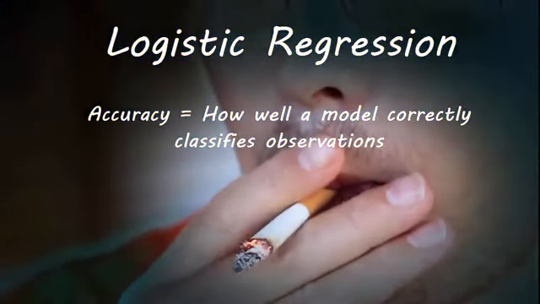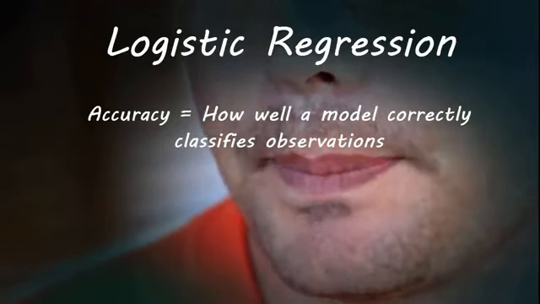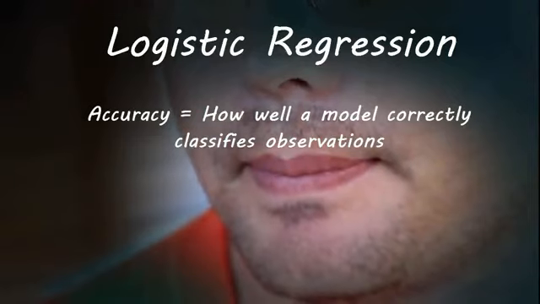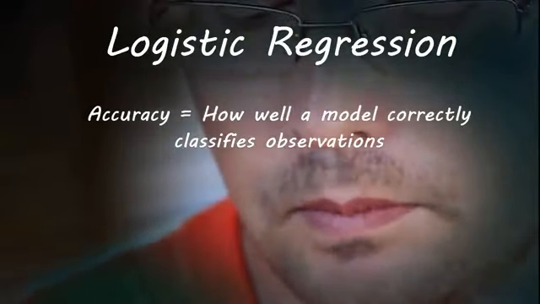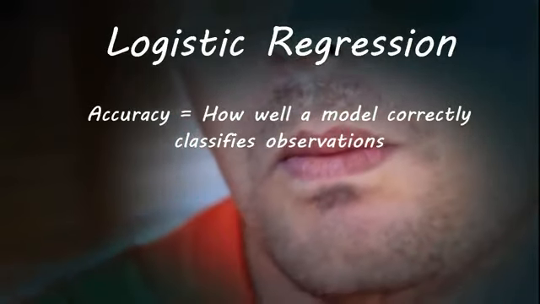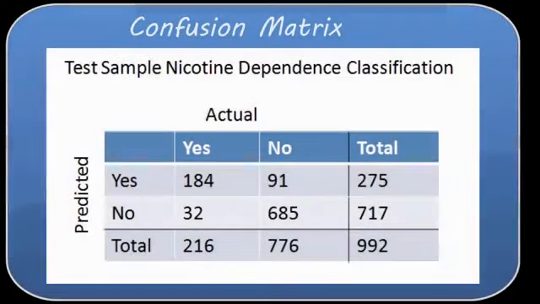For example, we might develop a logistic regression model to predict whether or not a person is nicotine dependent. The statistical model developed on the training sample can be applied to observations in the test sample to see how accurately the model classifies observations by comparing model-predicted nicotine dependence diagnosis to actual diagnosis for observations in the test dataset. A confusion matrix, like the one shown here, can be used to estimate prediction accuracy.